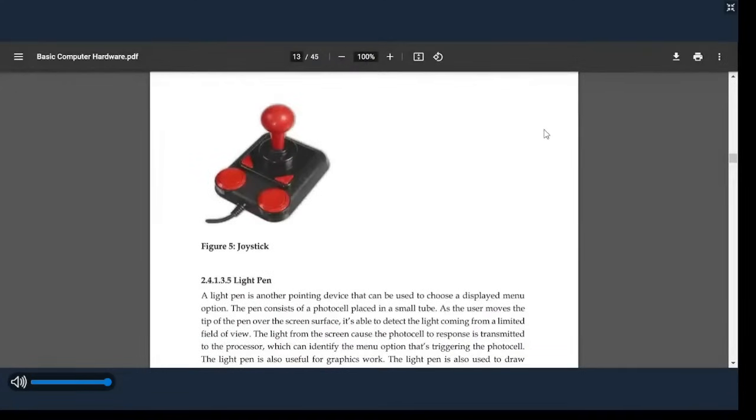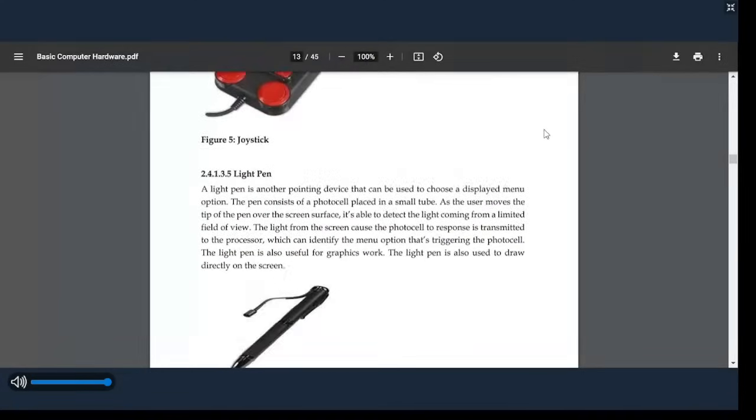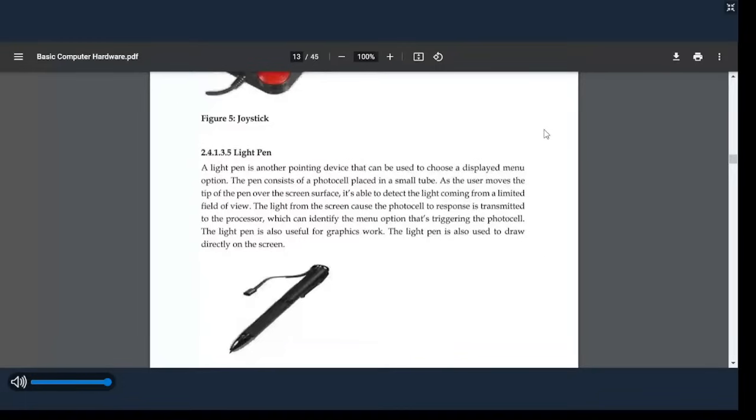Light pen. This is what you now use on your mobile phone. Some of you have a light pen on your mobile phone. It is another pointing device that can be used to choose display menu options and even write. The pen consists of a photocell placed in a small tube. As the user moves the tip of the pen over the screen surface, it detects the light coming from a limited field of view.